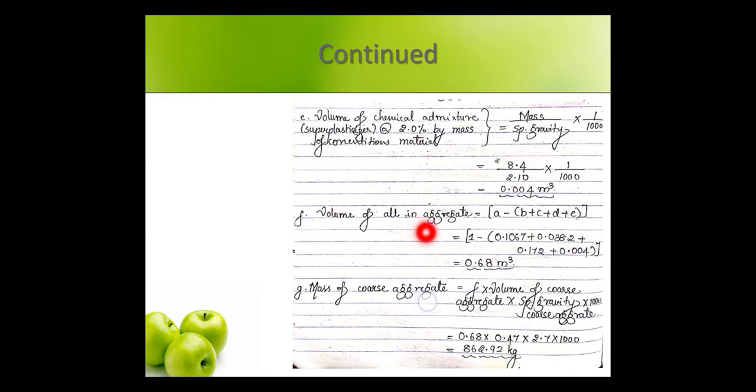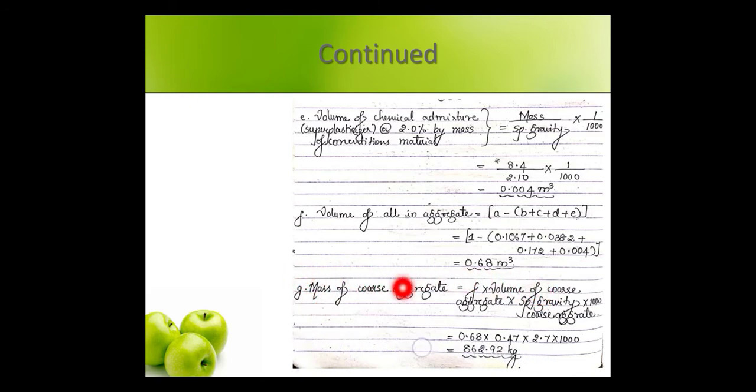In total concrete, that is 1 meter cube, you need to minus volume of cement, volume of fly ash, volume of water and volume of chemical admixture. So you will be getting volume of all aggregate. Using this you need to calculate mass of coarse aggregate and mass of fine aggregate. So mass of coarse aggregate will be equal to 0.68 into volume, already we have found out, of coarse aggregate, into specific gravity, that will be given in the question, into 1000.